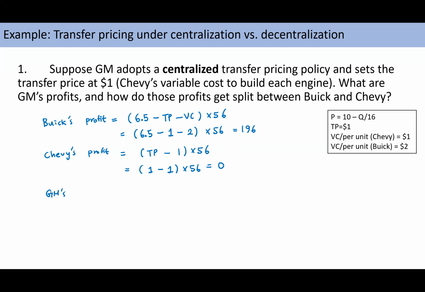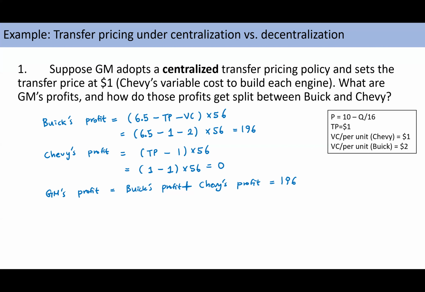And GM's profit, which is the parent company of both Buick and Chevy, will just be the sum of Buick's profit and Chevy's profit. So it would be $196. So this is what the company's profit would look like when GM is setting the transfer price. Buick will take all of the profits, and Chevy will walk home with no profits at all.